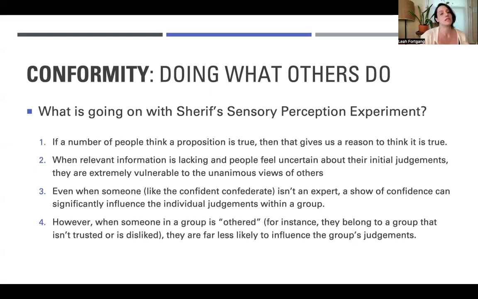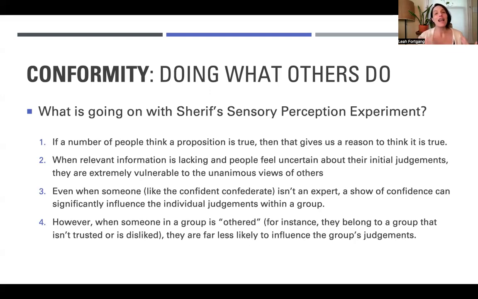Another thing this experiment tells us about conformity is that confidence, which sometimes comes with being an expert, matters. Maybe somebody came in and said, I'm a sharpshooter, that's a hobby of mine, I'm really good at identifying targets and figuring out how much stuff moves. That's why I feel really confident in my judgment of how much the light moved. Somebody could be an expert and as a result feel confident about their answers.